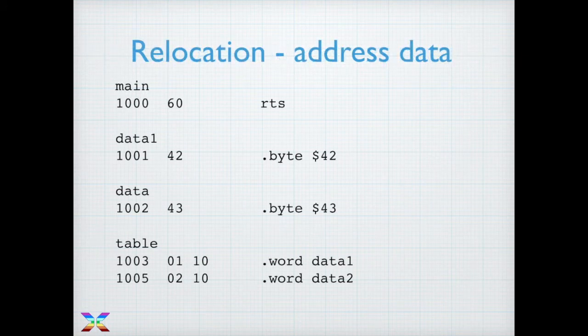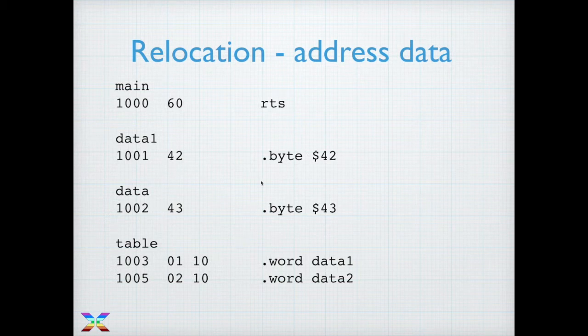And finally, well, it's not a code problem, it will result in your program not working. What about cases where I have addresses in data tables? In this example, I've got data 1 and data 2, just 2 bytes. They're stored in a table here at 1003, 1005. You can see the addresses are totally consistent with the previous definitions.